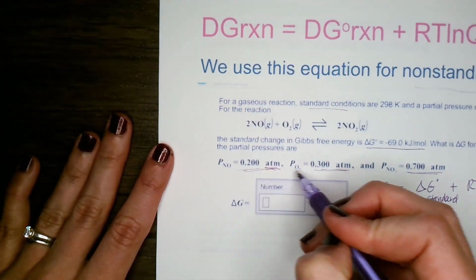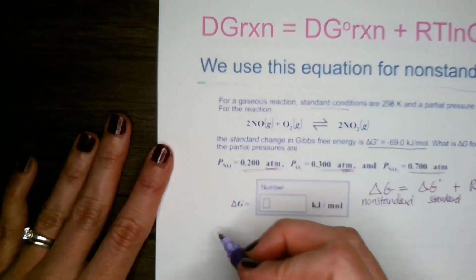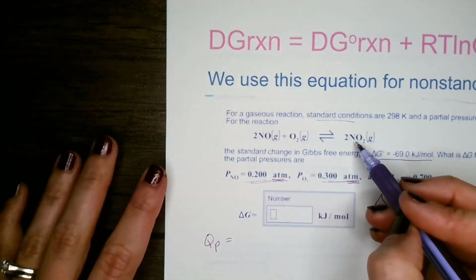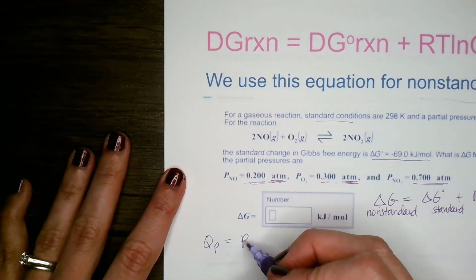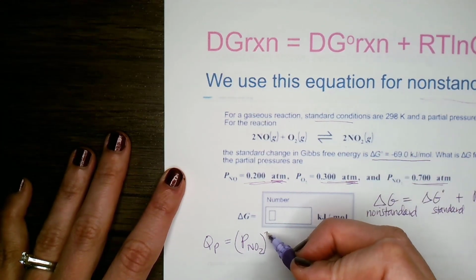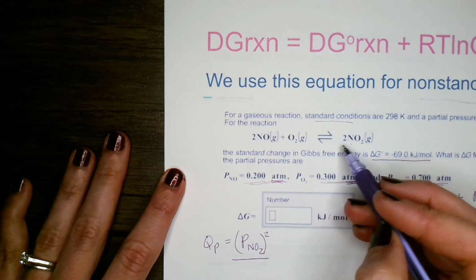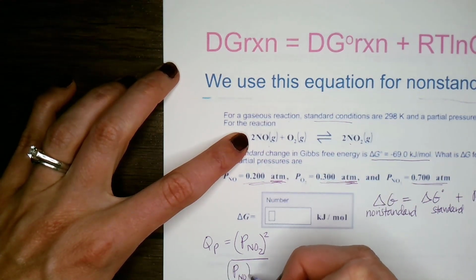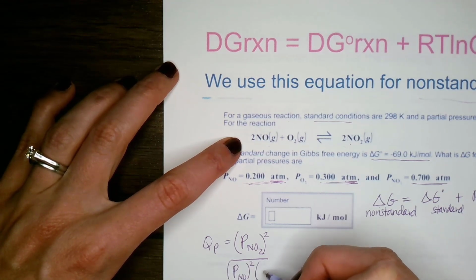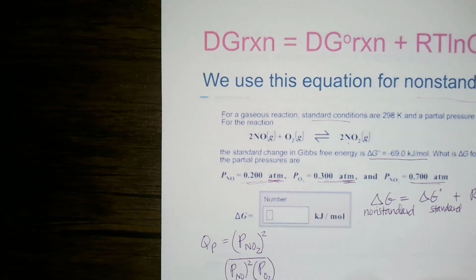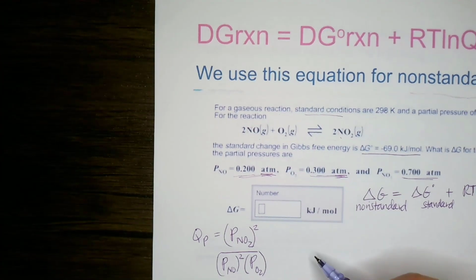Since we're given all of our values here in atmospheres, we're going to find that quotient, the pressure quotient. So again, we do products. So we're going to do the pressure of NO2 squared over, so products over reactants. So then we need the pressure of NO squared times the pressure of O2. And there's no exponent there because there's just a 1 there.